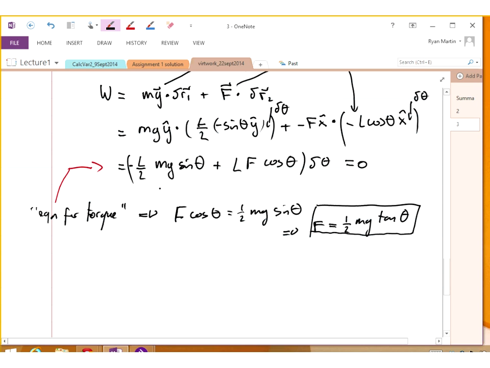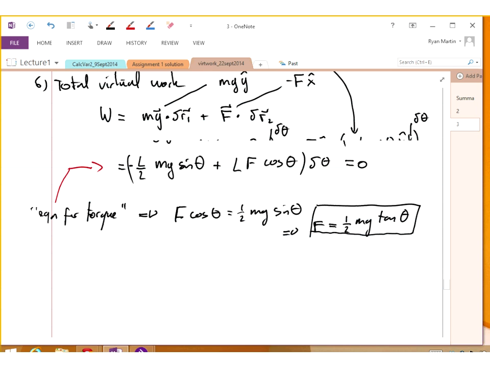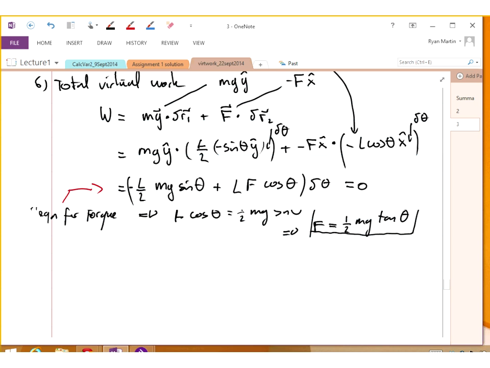Now, I did mention in the procedure that we had an alternative way of solving the problem, which was to evaluate the generalized forces and to set them equal to 0. So let's do that just for completeness. Step 7 was setting it equal to 0.